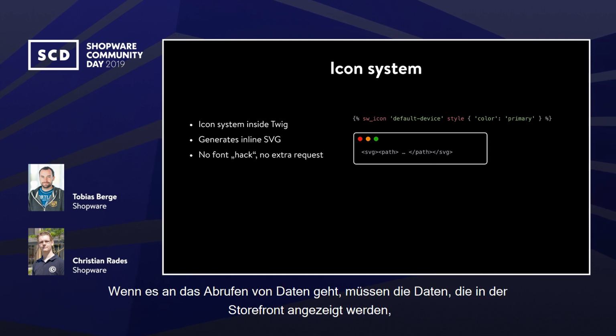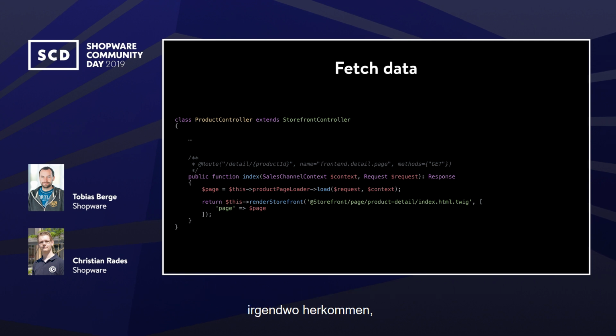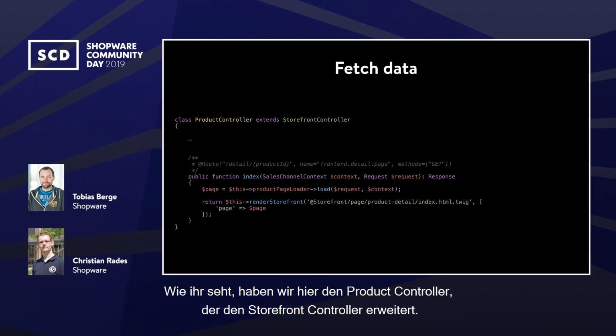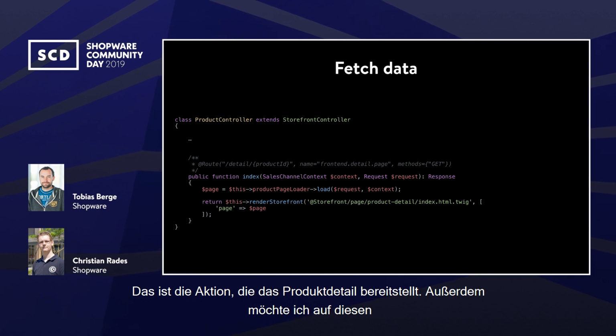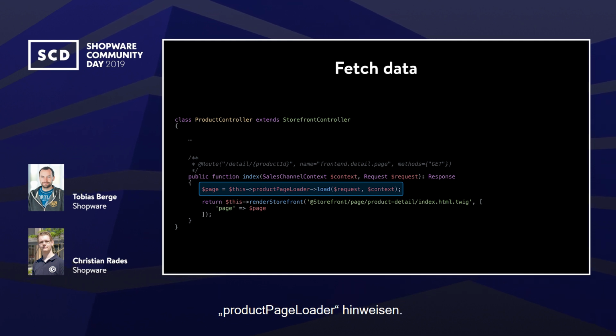So when it comes to fetching data, the data which is displayed in the storefront has to come from somewhere. And this comes from basic Symfony controllers. As you can see here, this is the product controller, and it extends the storefront controller. And this is actually the action which provides the product detail. I want to point out this product page loader.